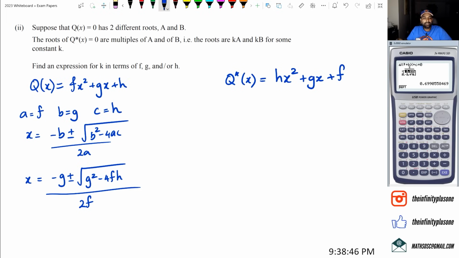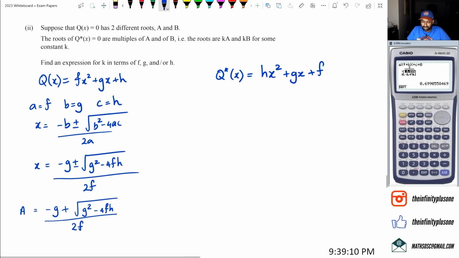But what I can do is a little trick here. I can say something like a could be minus g plus... Well, I don't think it matters which one you go with, whether you go with plus or minus. But let's actually go with plus. Let's say that a is equal to this right here.